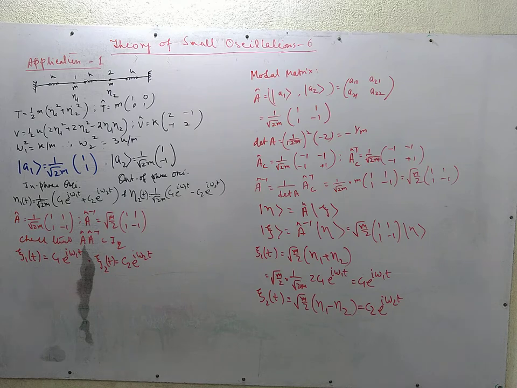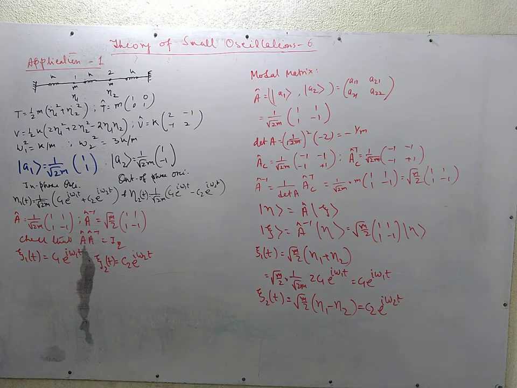Only thing is that we may also find the normal coordinates when the initial conditions are given, which were worked out in the last class, in terms of eta 1 at 0 and eta 2 at 0, when the initial conditions were supplied.